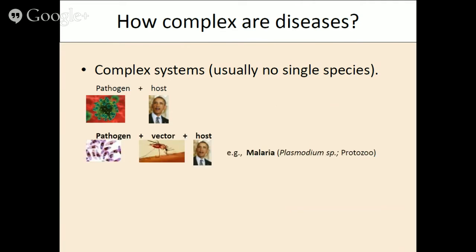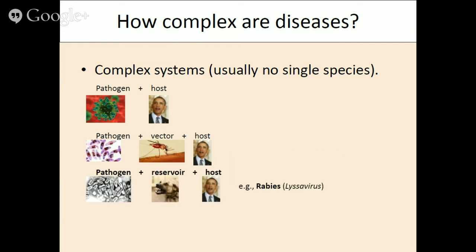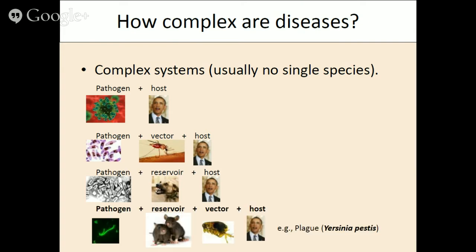But we can have more complex systems, including the pathogen, vectors, and hosts, for example, with malaria. Or we can include a reservoir, in which we have the pathogen, reservoir, and the host, for example, for rabies virus. And we can have the most complex scenario, in which we have a pathogen that includes reservoirs and uses vectors for transmission to affect terminal hosts like humans, for example, with plague.